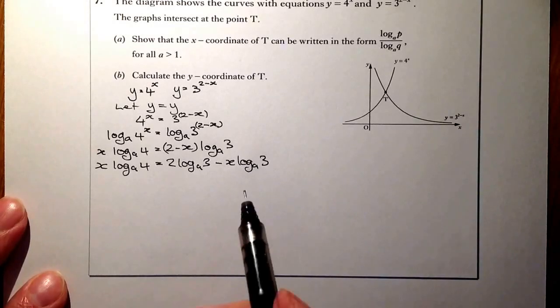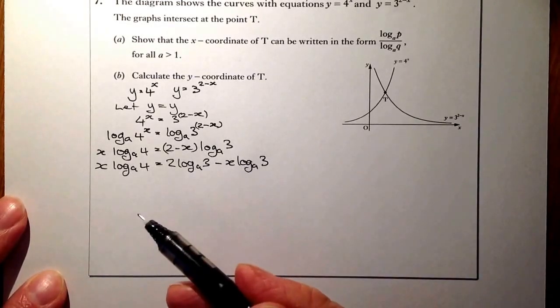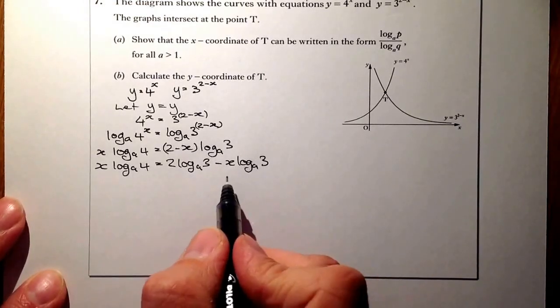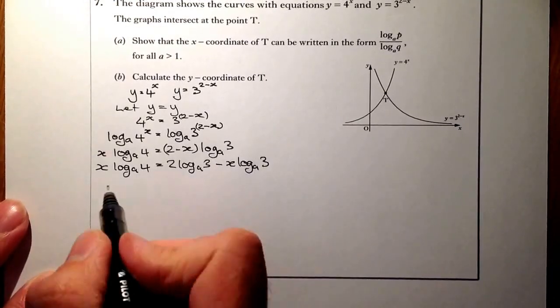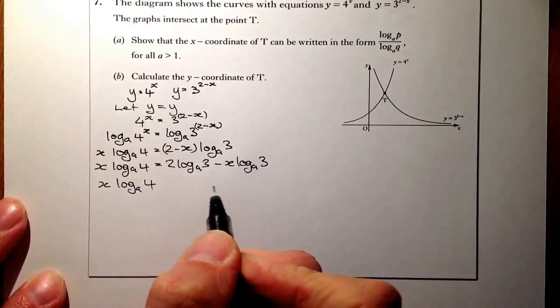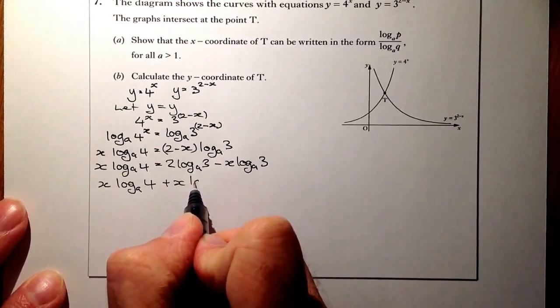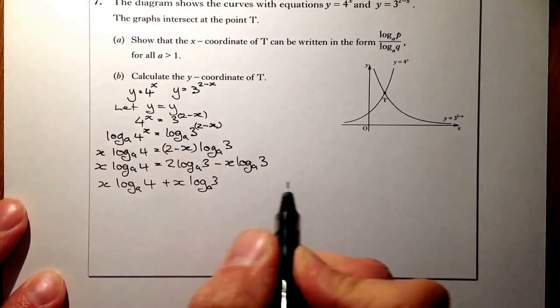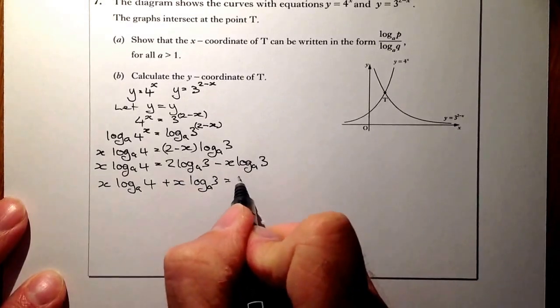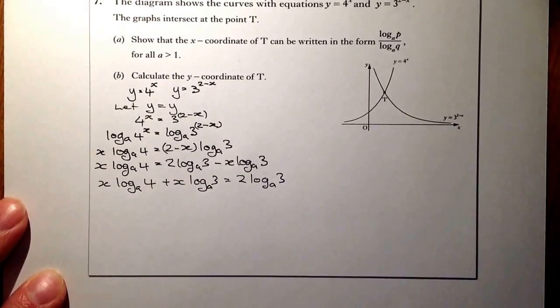Right, from there I'll bring those parts with the x over to the left hand side, and I'll gather them up. So I've got x log 4 to the base a, plus x log 3 to the base a, and that's going to equal the bit that's left over here, which is 2 log 3 to the base a.